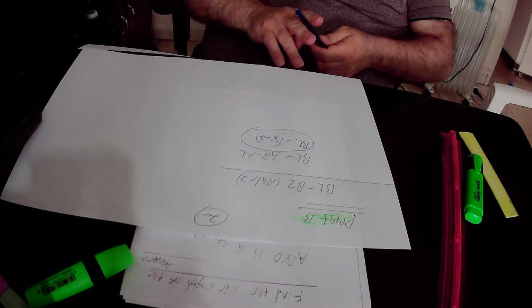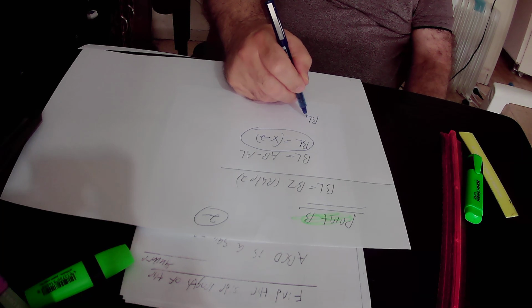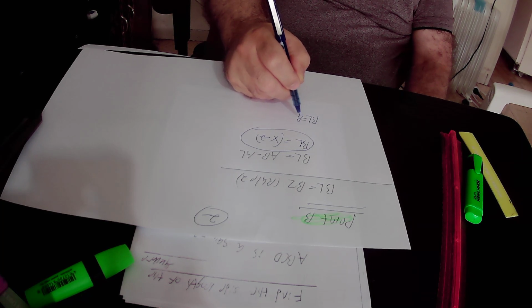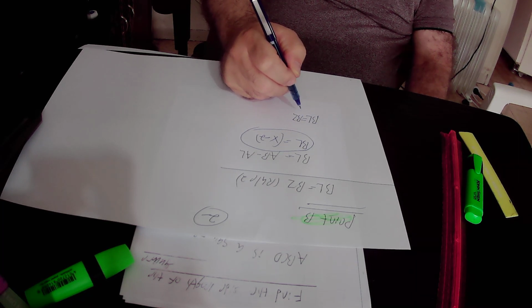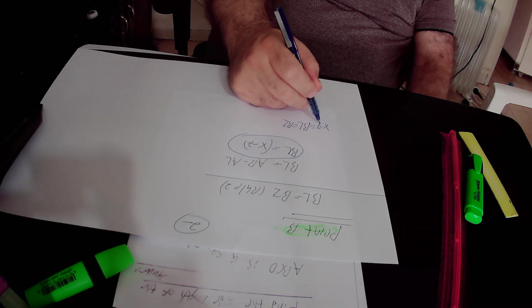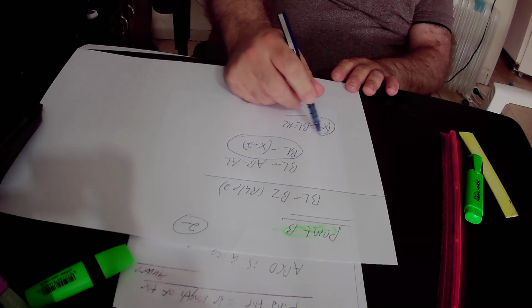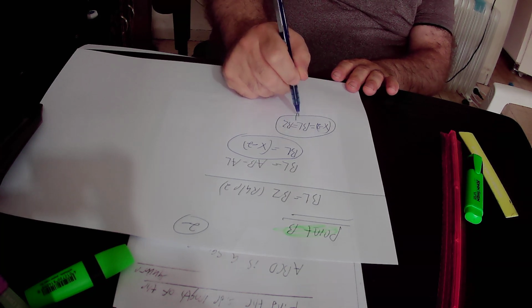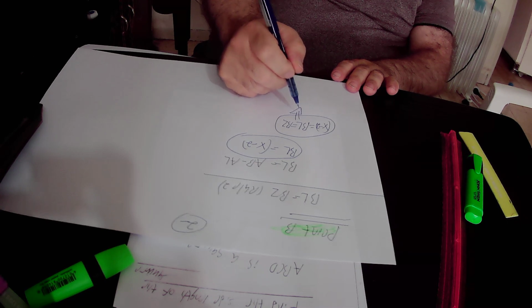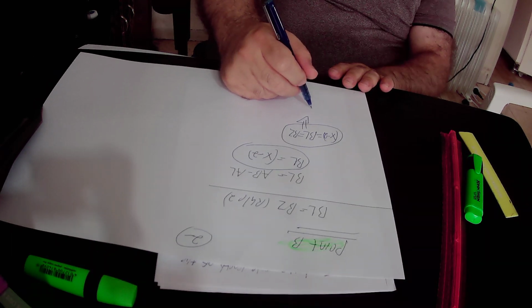According to rule number 2, BL equals BZ. And we just found out that BL also equals X minus 2. So from this equation, X minus 2 equals BL equals BZ, we will derive that BZ is also equal to X minus 2.